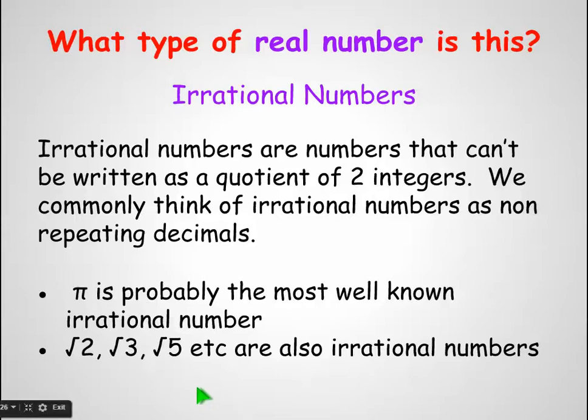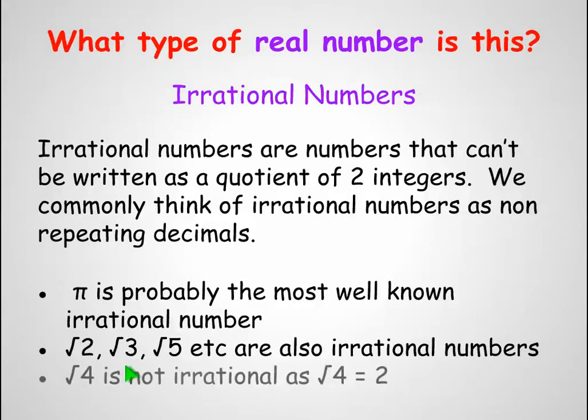You can see that if you plug it into your calculator, the decimal goes on, does not terminate, and does not repeat. Square root of 4 is not irrational. The square root of 4 is equal to 2. It's a whole number. It's a natural number.